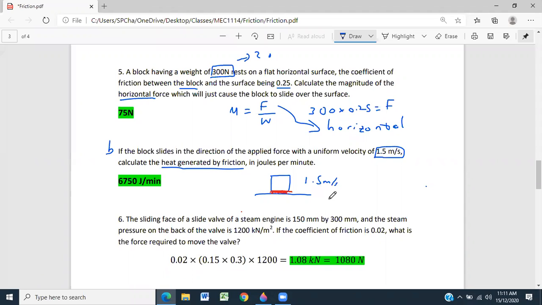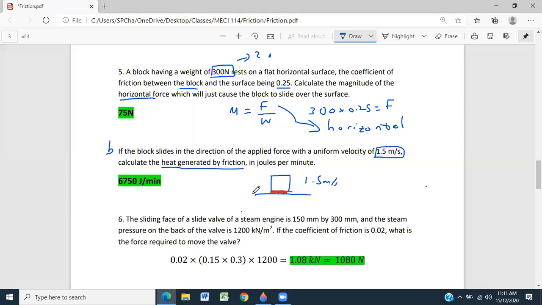So if we run and push a box, it's going to slide and eventually come to a stop, because you only pushed it once, the force isn't continuous. After that initial push, it accelerated and friction is going to start to decelerate it. It's going to do negative work on it.